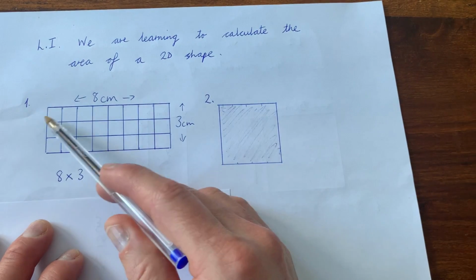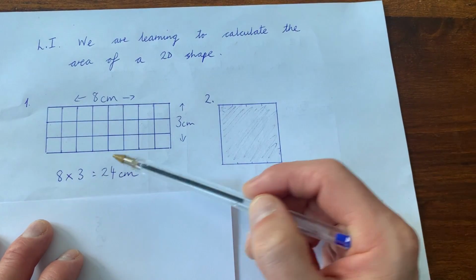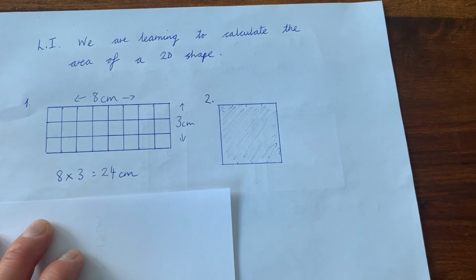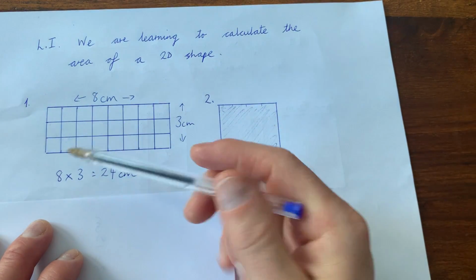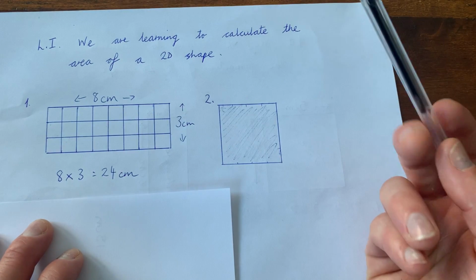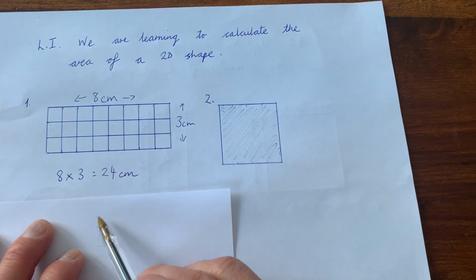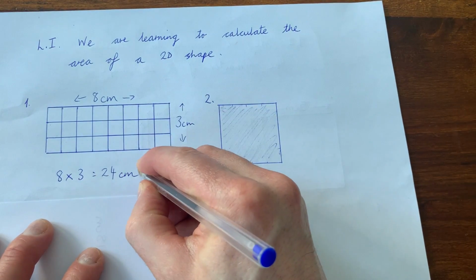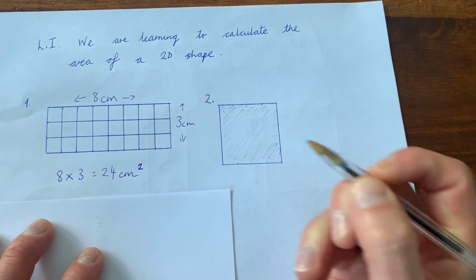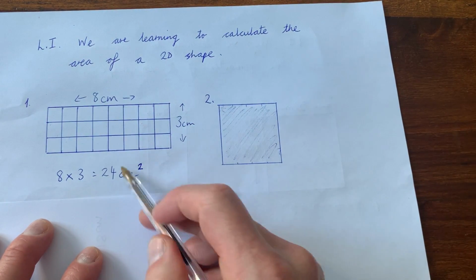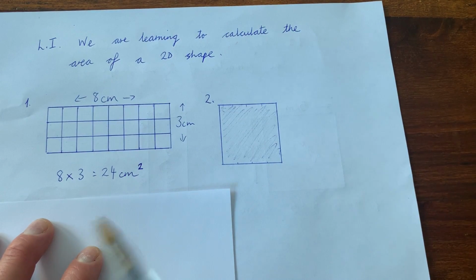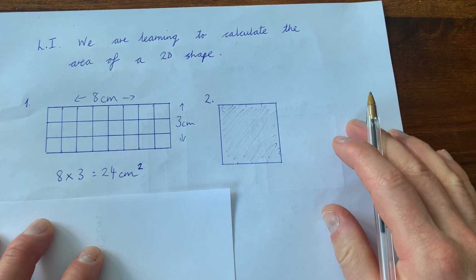And if you were to start off by doing your multiplication calculation to work out the area, you could then count the squares just to check that you got that answer right. So I wrote here 24 centimeters, but that's not correct because it's 24 centimeters squared, and that's how we write centimeters squared, by putting a 2 just above the centimeters sign.